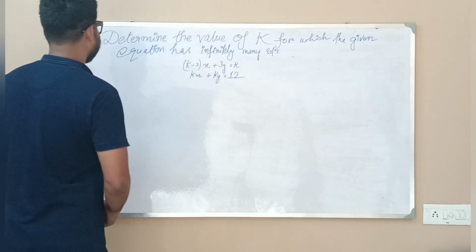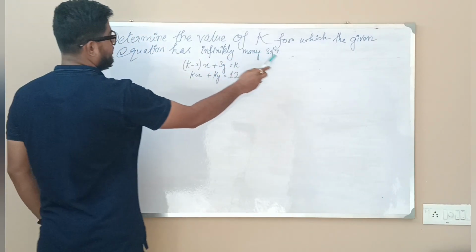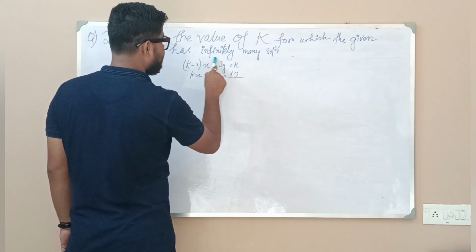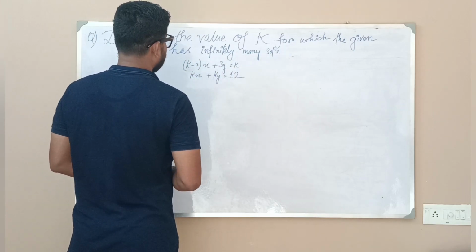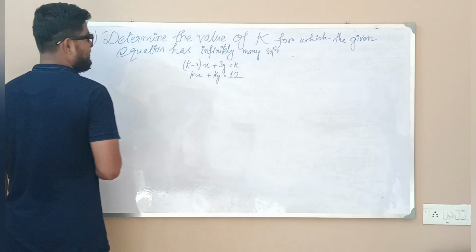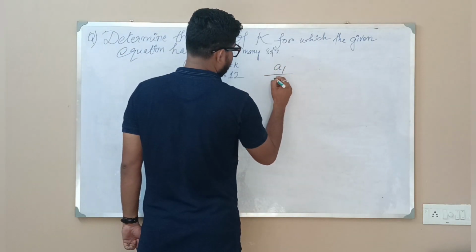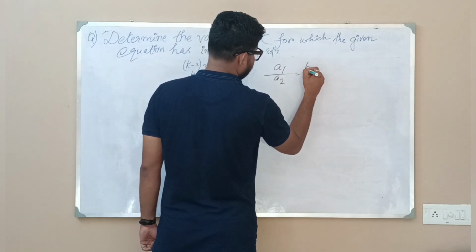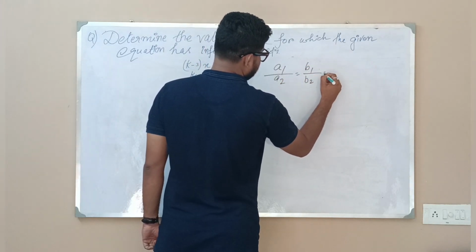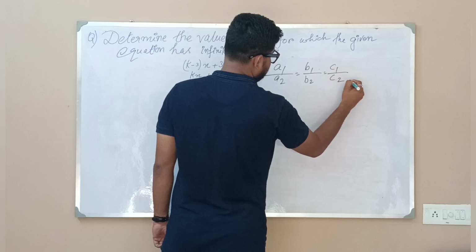Now the next sum is: determine the value of k for which the given equation has infinitely many solutions. So for infinitely many solutions we have to satisfy a1 by a2 equals b1 by b2 equals c1 by c2.